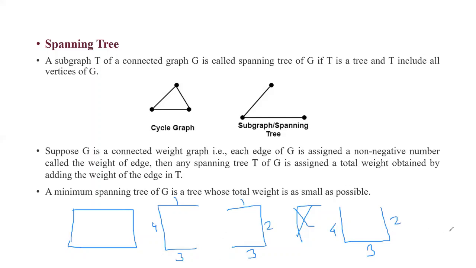For these three spanning trees, which one is the minimum spanning tree? We calculate the weights. 4 plus 1 is 5, 5 plus 3 is 8. Here 3 plus 2 is 5, 5 plus 1 is 6. Here 4 plus 3 plus 2 is 9. So we have 8, 6 and 9. Minimum is this one, so this is your minimum spanning tree, whose weight is 6.